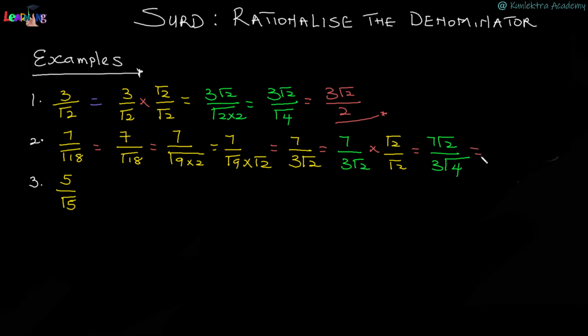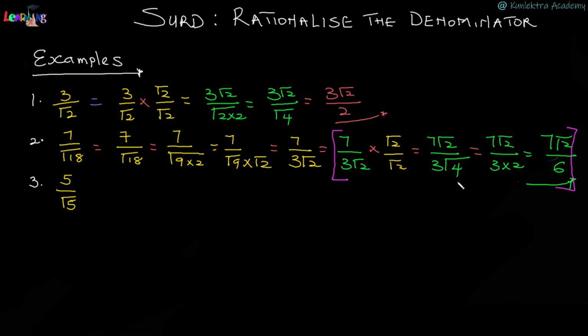So we have 7 root 2 over 3 times the square root of 4, which is 2. That will be 3 times 2, so you have 7 root 2 over 6. I believe you understand the way the process went. When we got to this part, we had to start rationalizing.